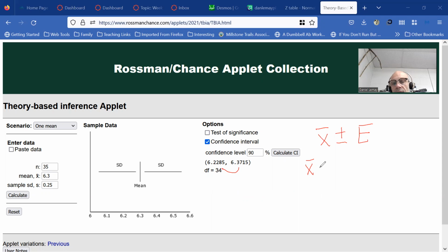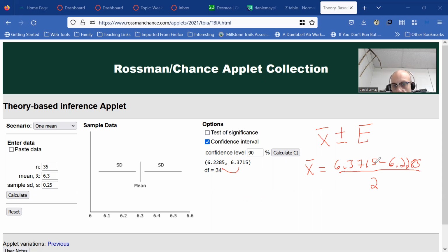So that makes it 2 margin of errors wide. So if we find the sample mean, the point estimate, we use the upper bound minus the lower bound. Hit equals on your calculator. Don't just hit divide. Got to follow order of operations. And then you divide that by 2 because there's 2 margin of errors.